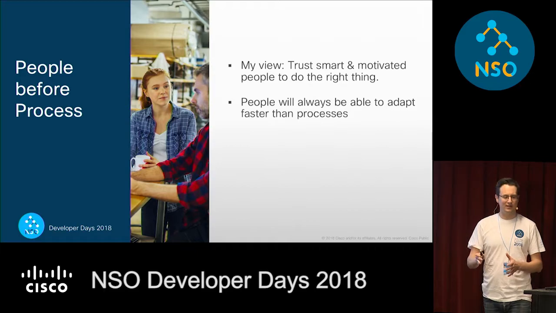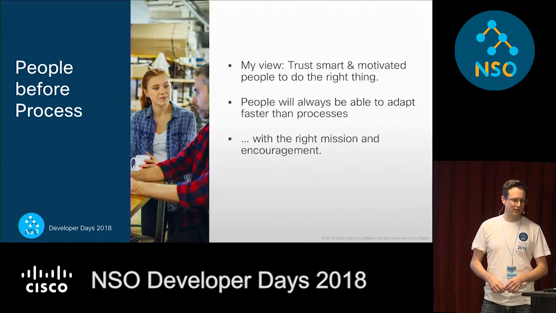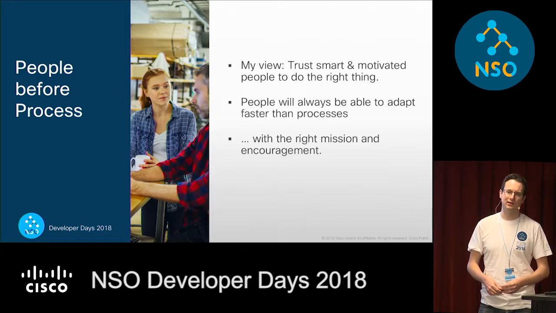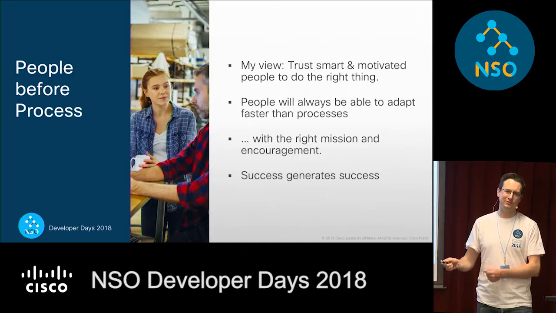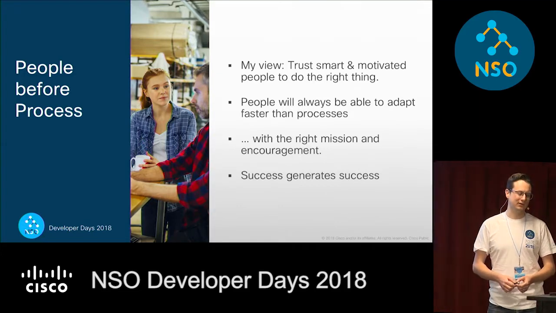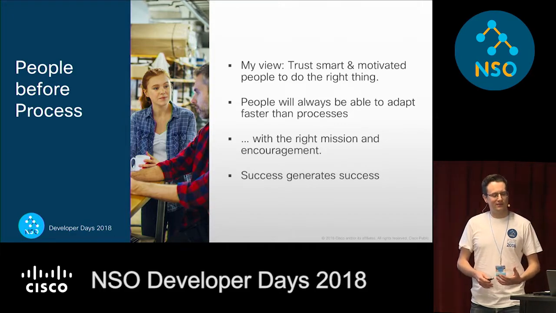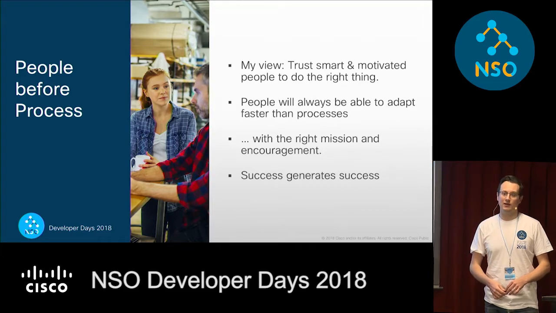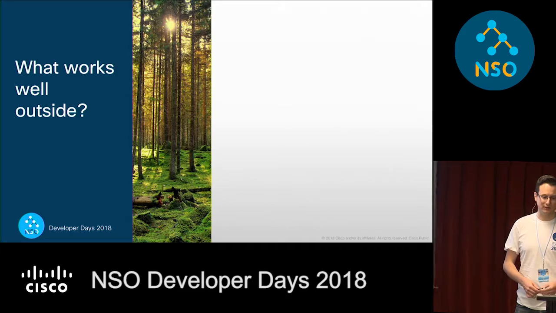You need to have the right encouragement and support to make this work. And success. Someone who's very successful will often generate more success. The same as not, a good process generates more processes. That's not really a good approach. So I looked at what works well outside, and it's an area of interest for me anyway. But I did take a bit of a look around.